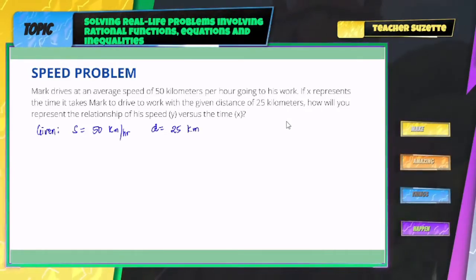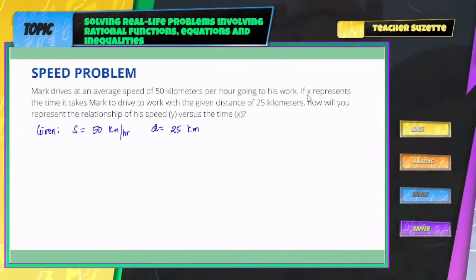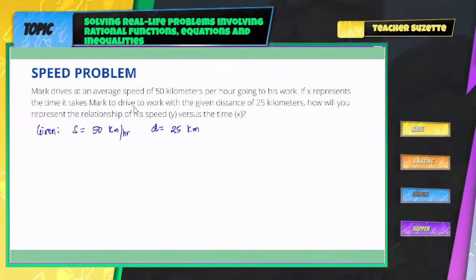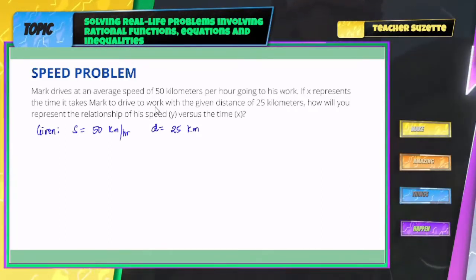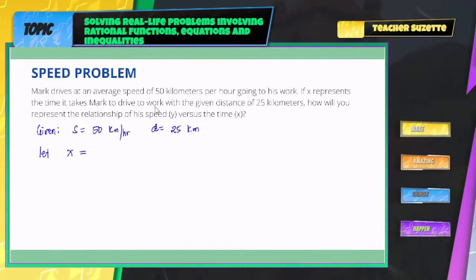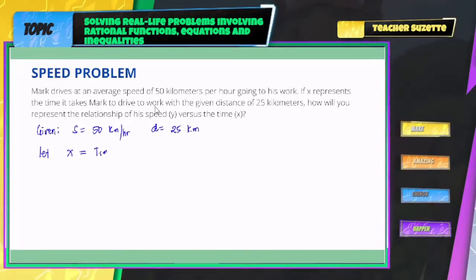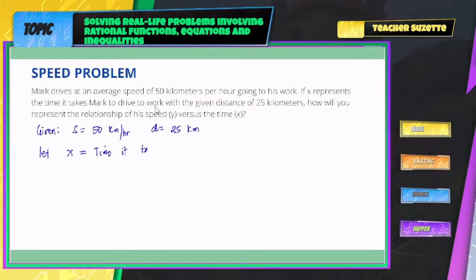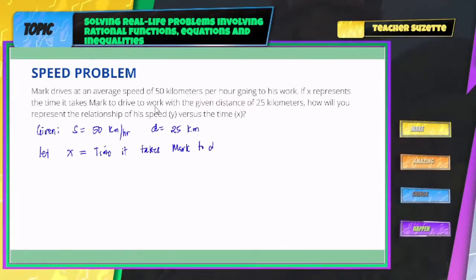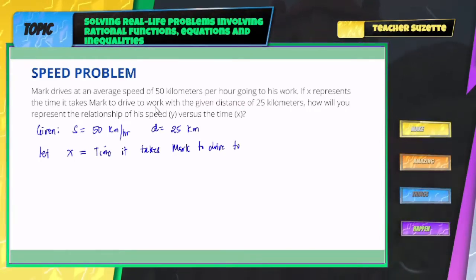Our problem says that x represents the time it takes Mark to drive to work, so we let x be equal to the time it takes Mark to drive to work.